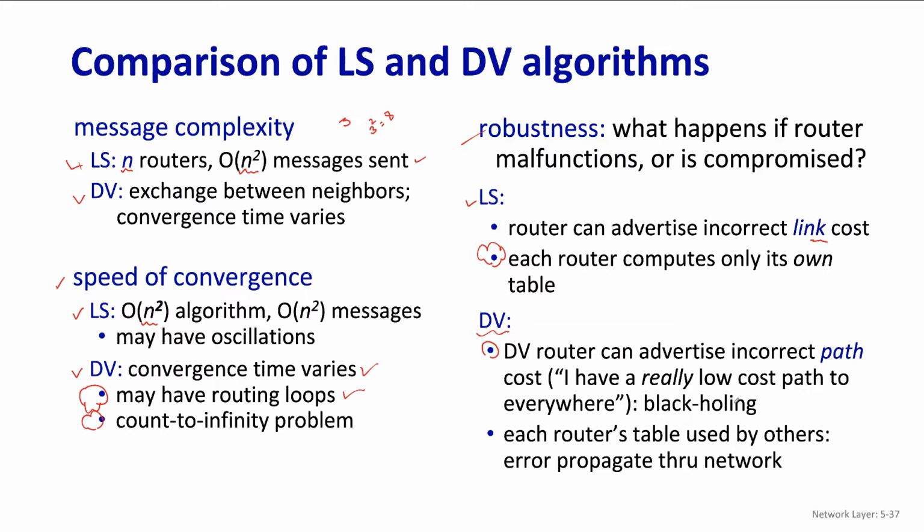In black holing, I can, as an adversary, pretend that I have the lowest cost and share my distance vector with the other machines. So all of them are going to come to me, but nothing ever goes out from my router. Let's give an example.